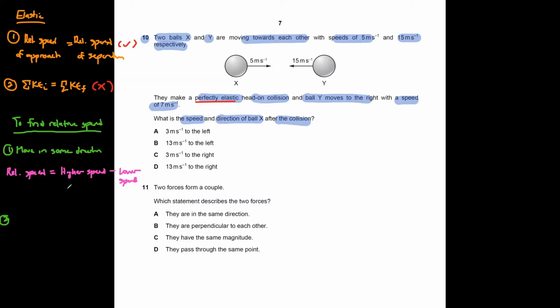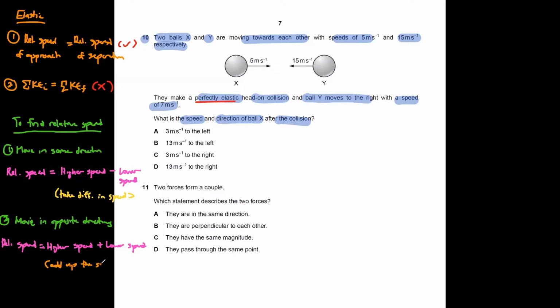In other words, take the difference in speed. But when objects are moving in opposite directions, your relative speed is the higher speed plus the lower speed. In other words, you just add up the speeds.